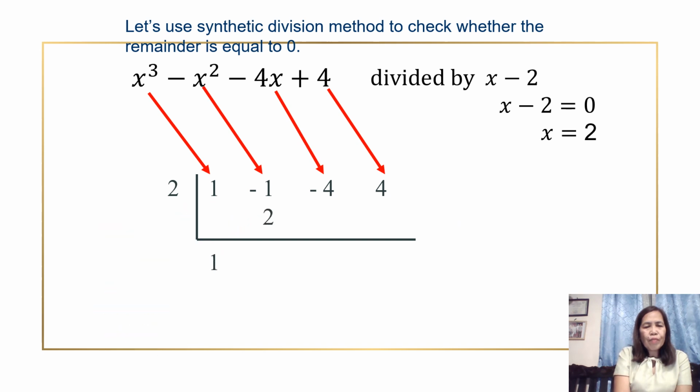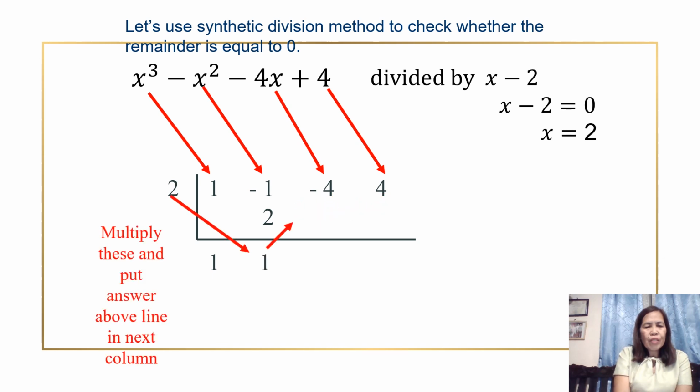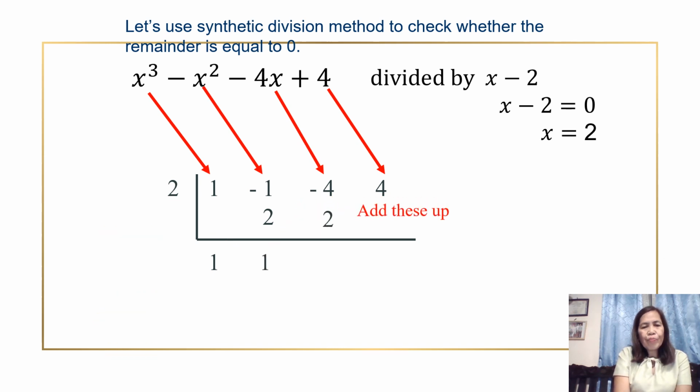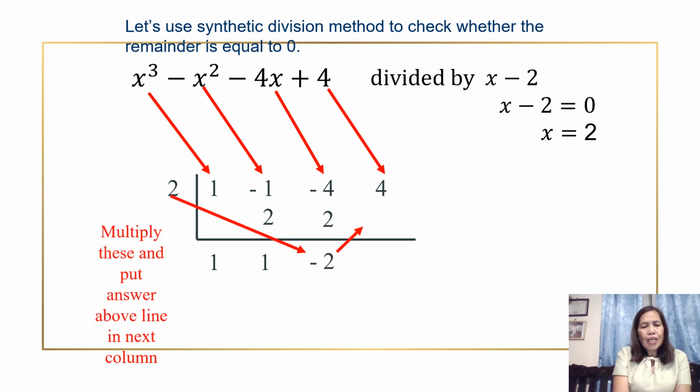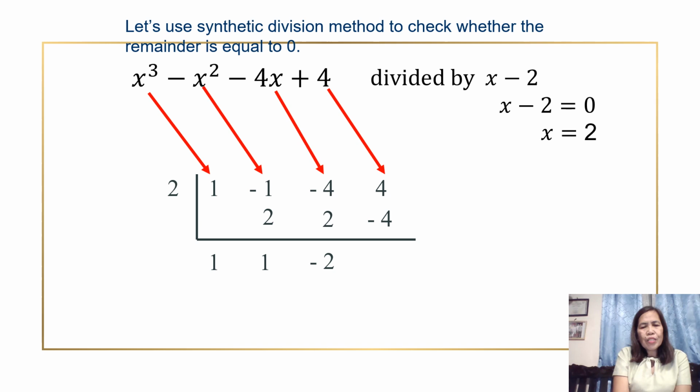Negative 1 plus 2 is 1. 1 times 2 is 2. Negative 4 plus 2 is negative 2. Negative 2 times 2 is negative 4. 4 minus 4 equals 0. O, diba? 0 siya.